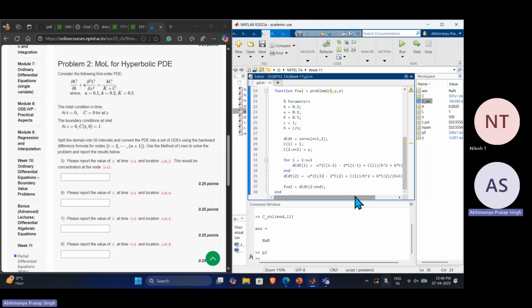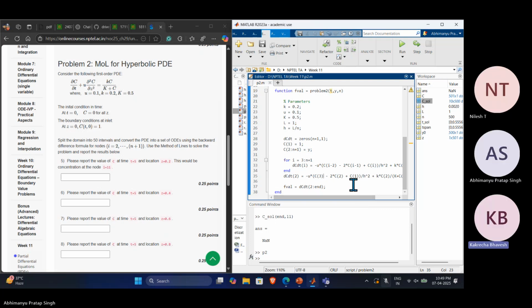It would be (ci plus 1 minus ci) over h, plus 2 minus ci plus 2. Okay, so that should be 4.